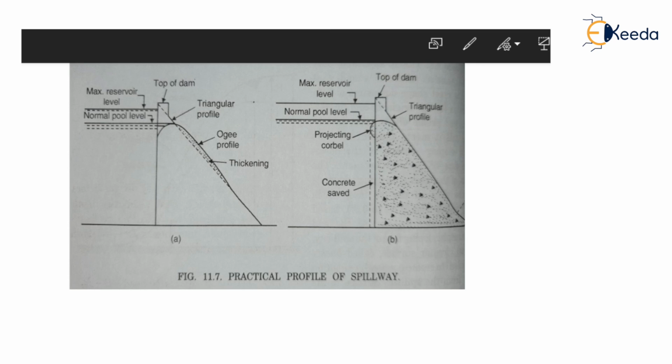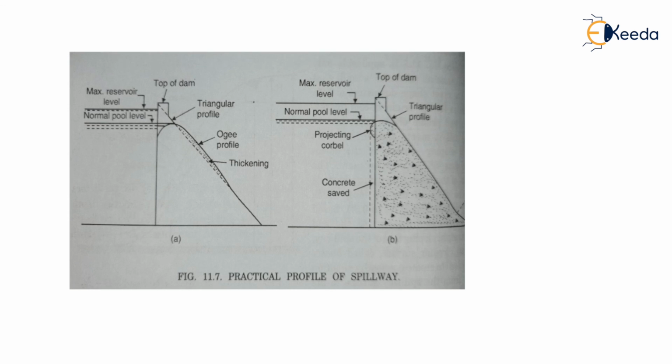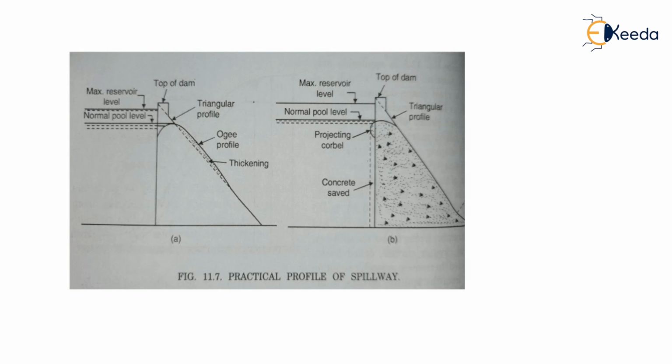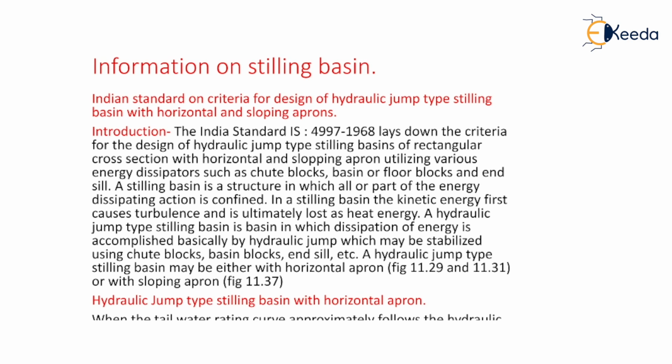So because of this, we will save the concrete and we can design this profile in an economic manner. So this is the reason why we are adopting this Ogee profile, a very important type of spillway.